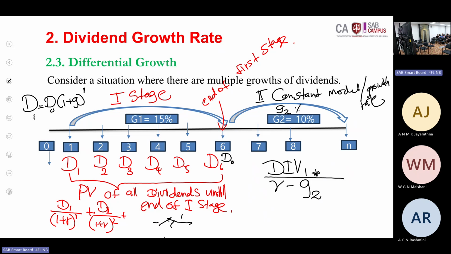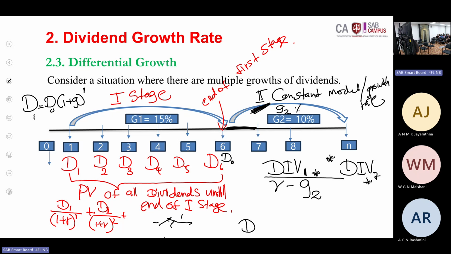Next year's dividend, for the second stage. So you can write it down as D1, or actually here it should be DIV 7. What is the actual notation for this one?